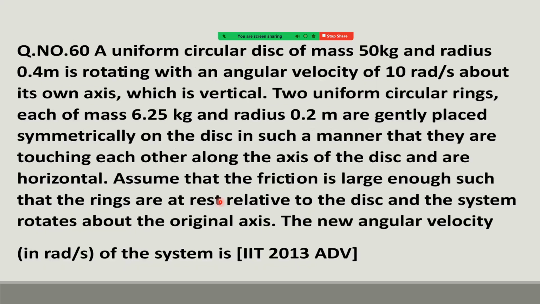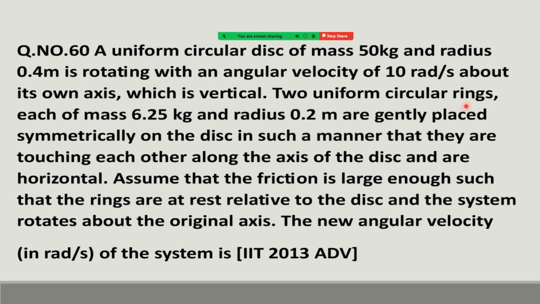Let us see the next one. A uniform circular disc of mass 50 kg and radius 0.4 meter is rotating with an angular velocity of 10 radian per second about its own axis. Given: circular disc mass 50 kg, radius 0.4, omega 10, which is vertical.